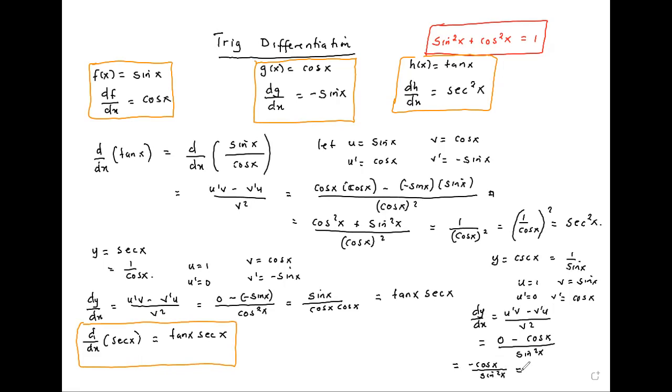Now cos over sine is cot, and 1 over sine is cosec. So we are saying the derivative of cosec is equal to negative cot x multiplied by cosec x.